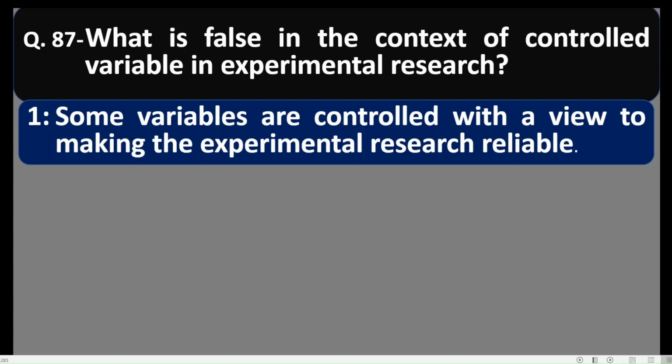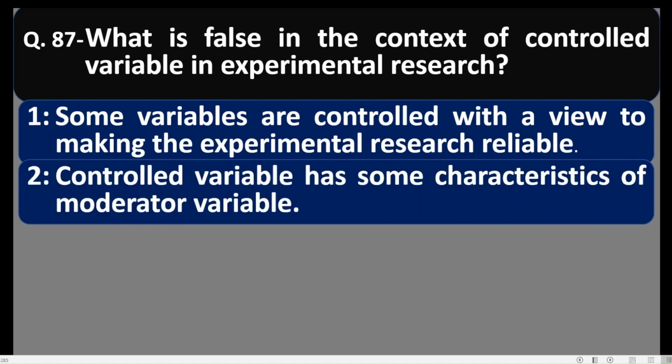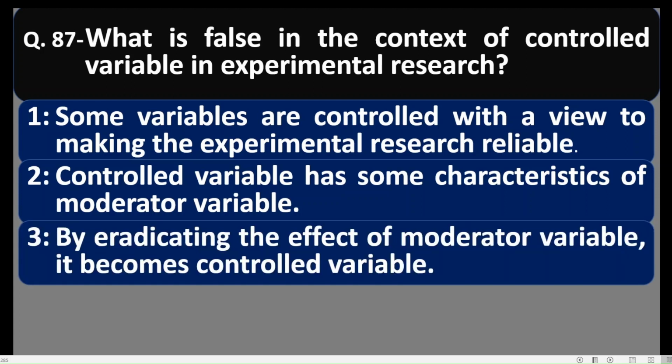So it is done to make the experimental research more reliable. Number two, control variable has some characteristics of moderator variable. Yes, only the moderator variable is controlled, so it has the characteristics of moderator variable. By eradicating the effect of moderator variable, it becomes control variable. If the impact of moderator variable is eliminated, then only it will become controlled variable.